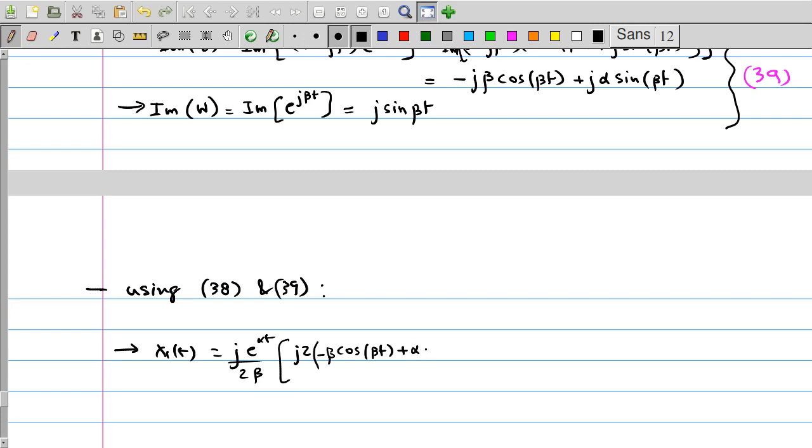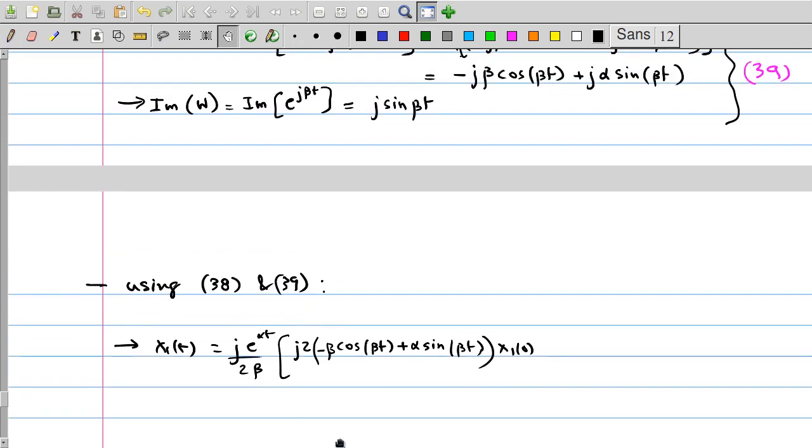So alpha sine beta t, right? That's correct, it looks roughly correct. See, this 2 and that 2 are going to cancel out later. That j and that j is going to become a minus 1. And this was times x1 of 0. And then the other one was probably much simpler.